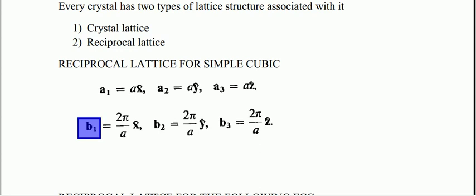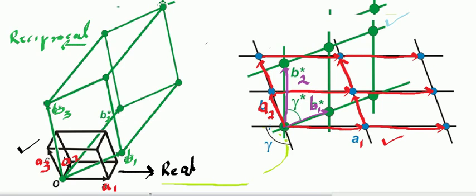Look at this 2D diagram. A1 is big, a long vector, so the corresponding B1 is small.